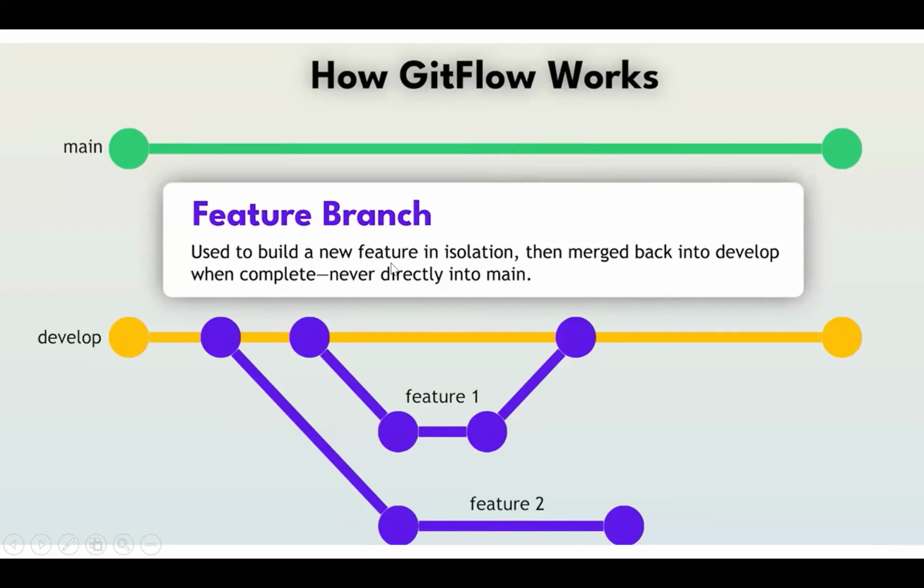Basically, an isolated branch, which is then merged back to developer when completed, meaning when the feature work is done, never directly into the main. This used to be the earlier flow. For every feature, they create a separate branch, which in result creates a lot of clutter.